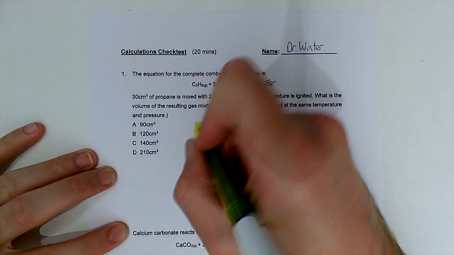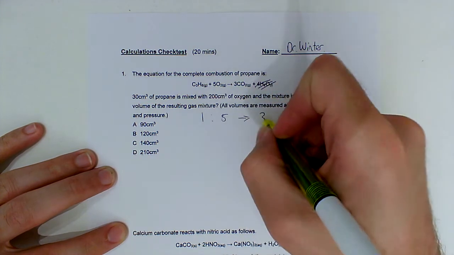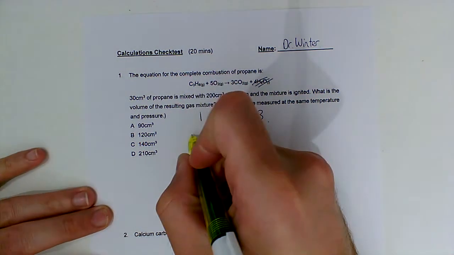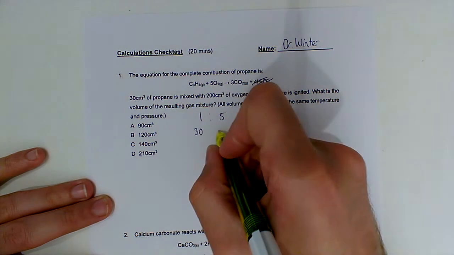And the ratio of them is 1 to 5 and it goes to 3. Now, I'm looking for the resulting gas mixture, so that means I'm looking for any excess reactant left over plus any product produced. And the information in the question told me I had 30 of this and 200 of this.